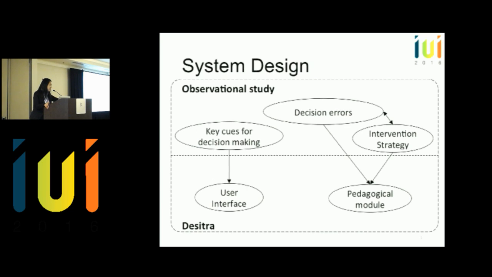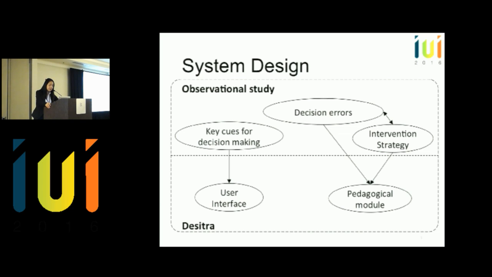In order to design the system, we had to understand how decision making is taught, and to find out the key cues required for decision making. So we carried out an observational study at the student clinic at the Faculty of Dentistry, Thammasat University.